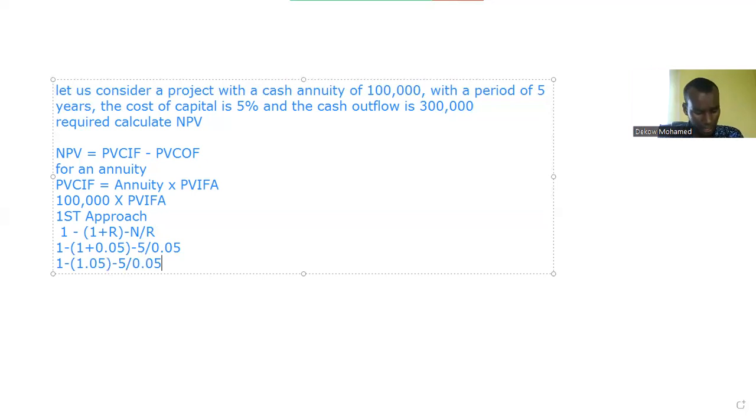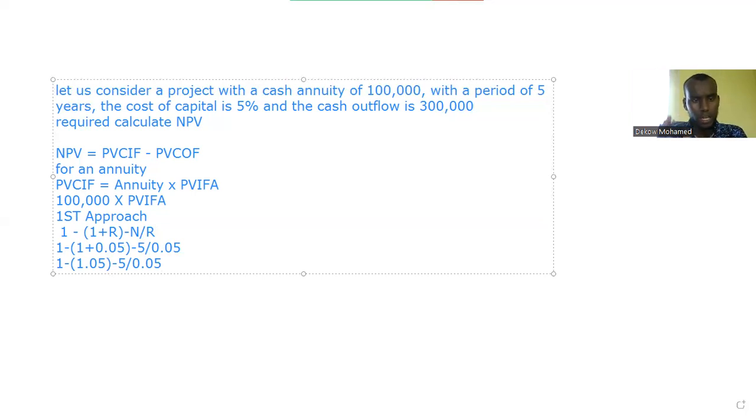Now, first, let's take your calculator, write 1.05, raise. Remember, raise is the one that looks like the triangle horizontal, near the x squared on your calculator, that is raised to. Now, you click on raised to negative 5. From my calculator, if I take 1.05 raised to negative 5, I get 0.7835.